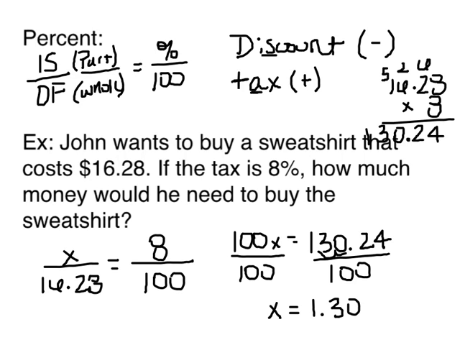So you're going to take your $16.28 and you're going to go ahead and add the $1.30. Make sure you line up your decimals because we're adding decimals. So 8 plus 0 is 8, 2 plus 3 is 5, put my decimal, 6 plus 1 is 7, and 1, so $17.58.